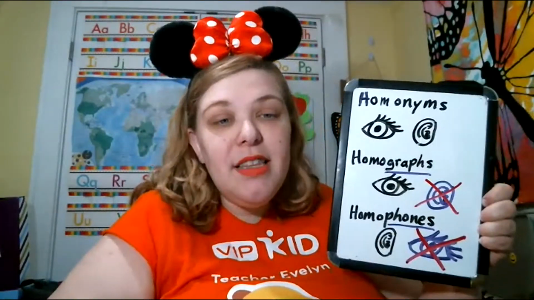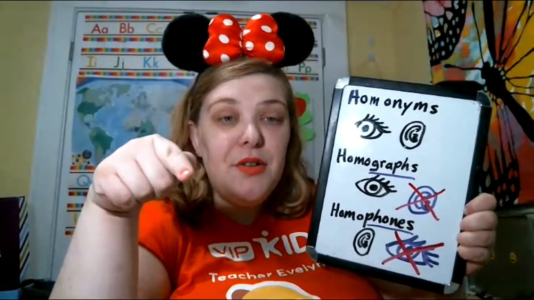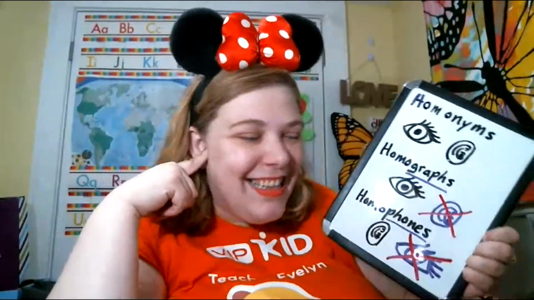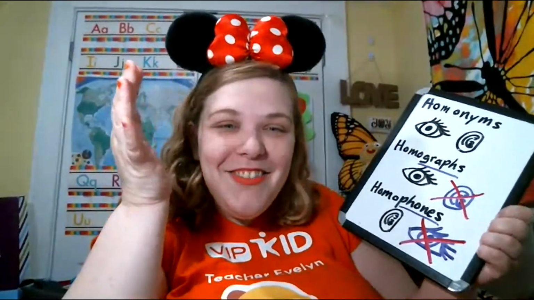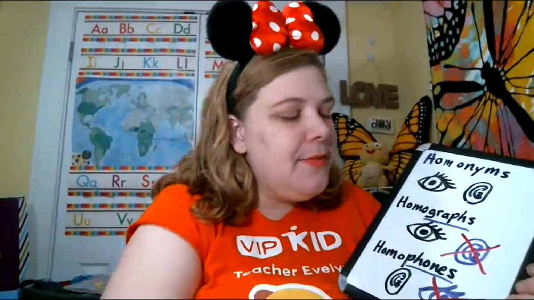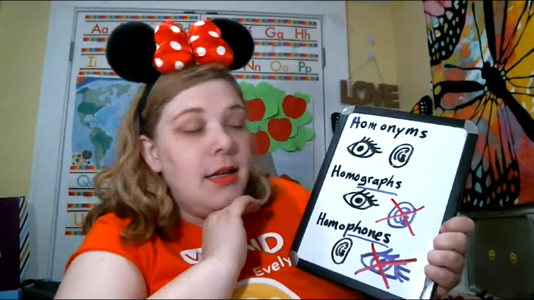Homophones sound the same, look different. So think homographs, you look at graphs, you don't hear them. See how it's confusing? Homophones, you call on the phone, you hear the person, you don't see them. Unless it's video calling, that's different. So yeah, graphs, phones.